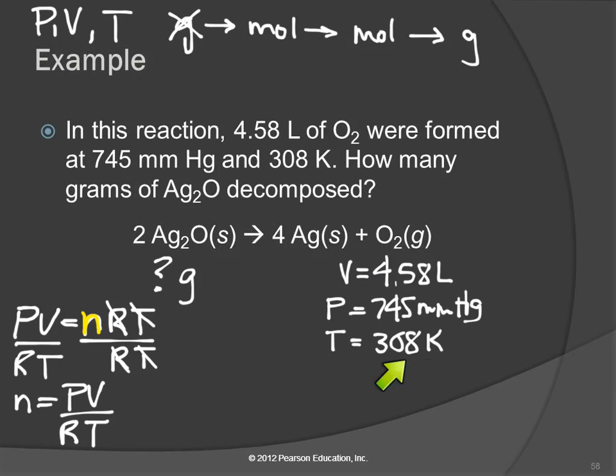Are these units going to work? All but one. What about the pressure? Yeah, we need to make that into atmospheres. So 745 divided by 760 is 0.980 atmospheres.